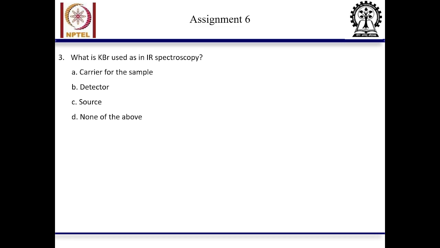Okay, Surya is saying A, it is a carrier for the sample. Surya, can you write why they are using KBr as the carrier for the sample? Any property? Shweta is saying C.